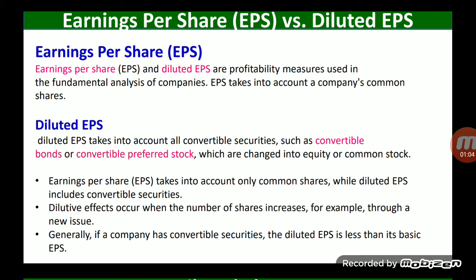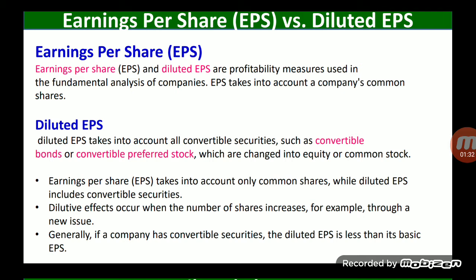EPS means earning per share: what a share of a company earns on average, that is, per share, how much it earns. If we calculate it, we divide net income by all the common shares.